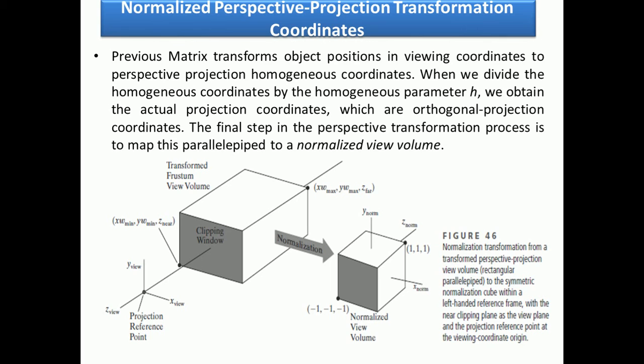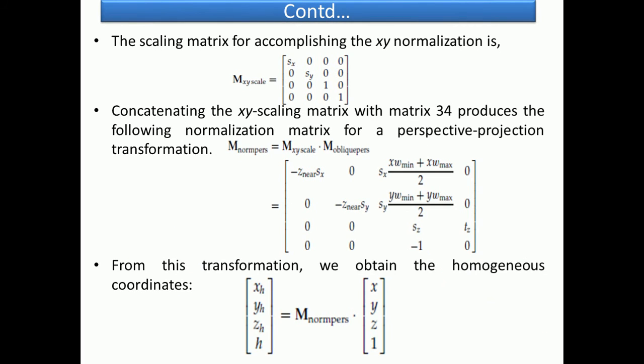Also, we need to determine the normalization transformation parameters for x and y coordinates. Because the center line of the rectangular parallelepiped view volume is now the z view axis, no translation is needed in the x and y normalization transformations. We require only the x and y scaling parameters relative to the coordinate origin.